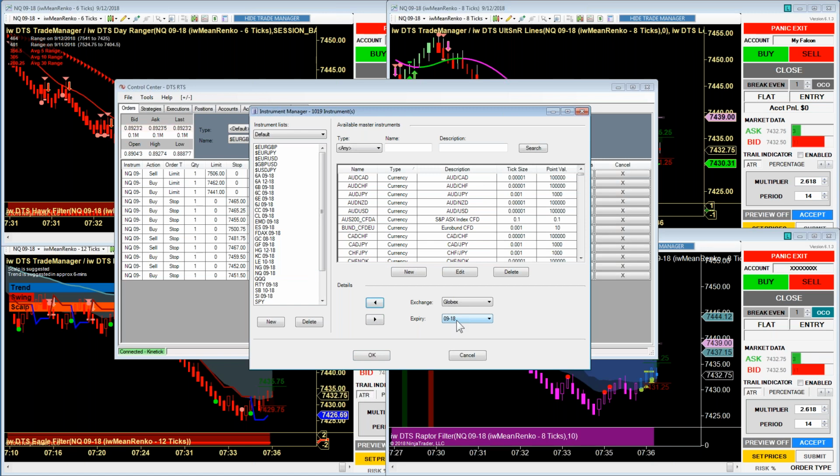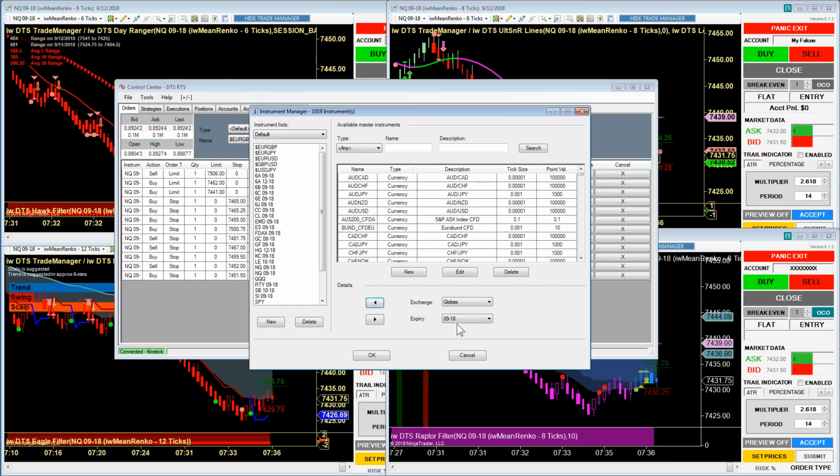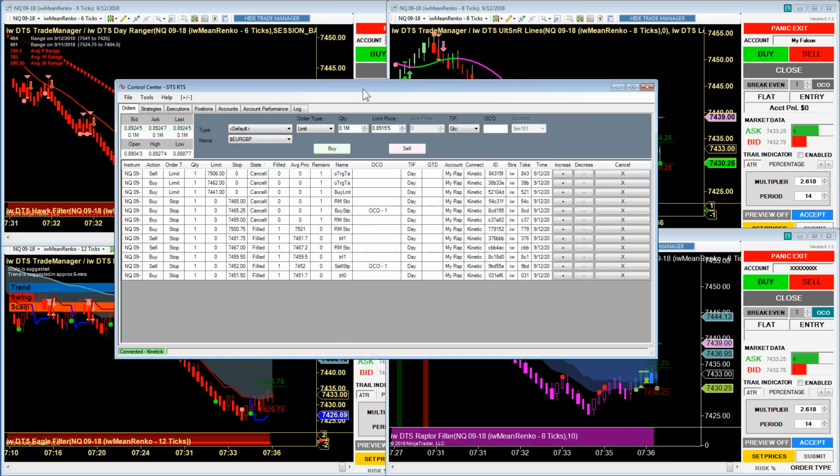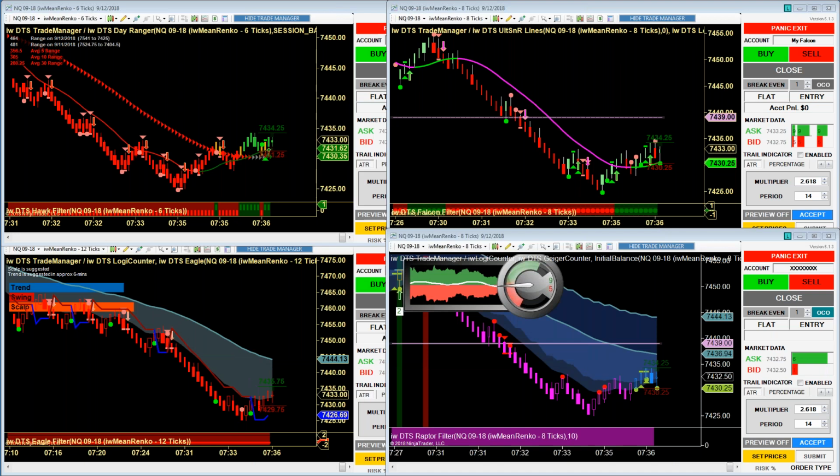Right now it looks as though the September contract's still the most active. Tomorrow that will probably change. So I'll look at updating that tomorrow, perhaps.